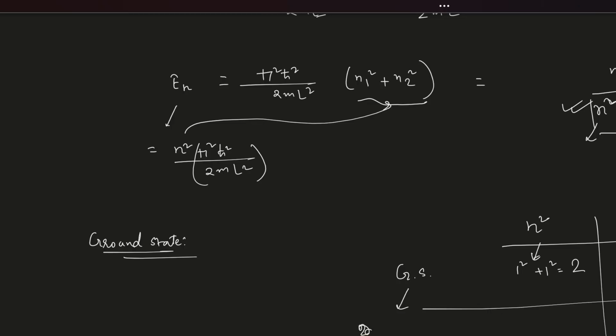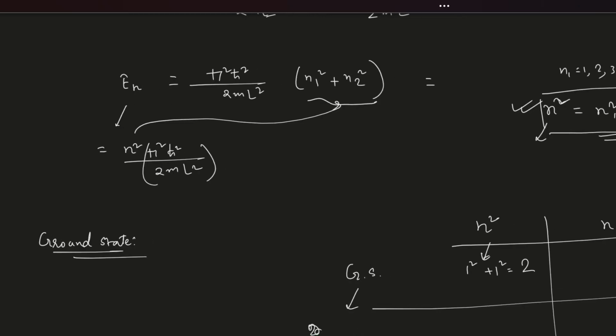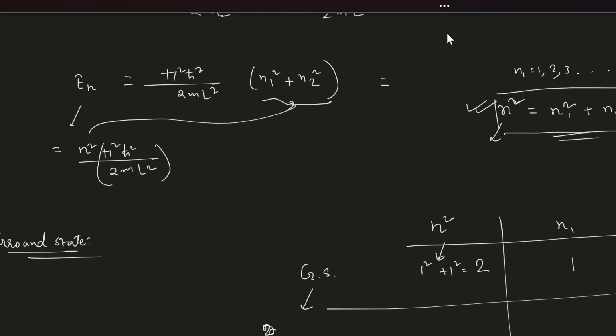So I am writing it the other way round, but let us understand that I mean to say that first you get n1 and n2, then you calculate n squared, and then you get En, which is nothing but n squared pi squared h cut squared by 2m L squared.